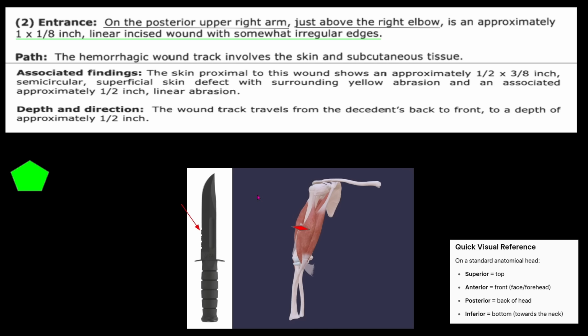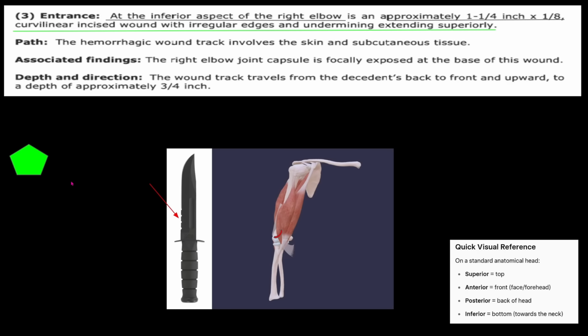Then a little bit further down the right arm, just above the right elbow, is another linear incised wound, again with irregular edges indicating a serrated blade. And this one is 1 by 1/8 of an inch, 1/2 an inch deep. And again, I believe this is going to be indicative of defensive wounds.